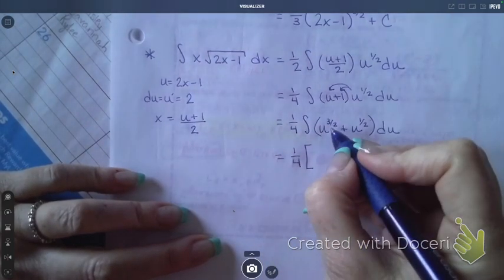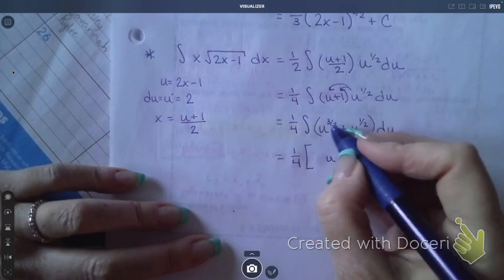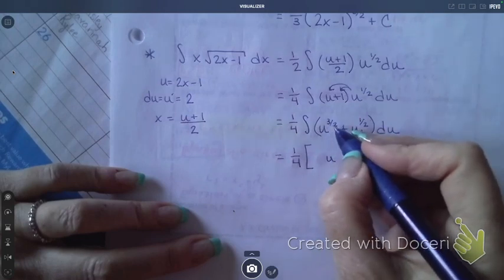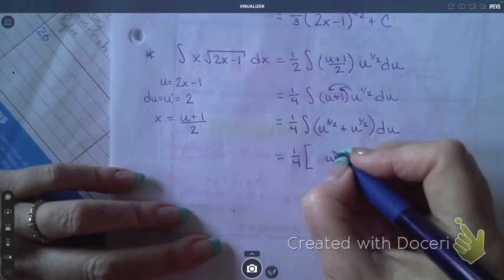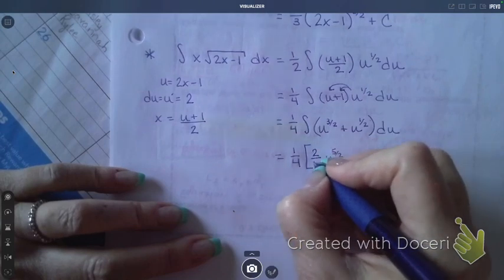So add 1 to 3/2 would give me 5/2. Multiply by the reciprocal.